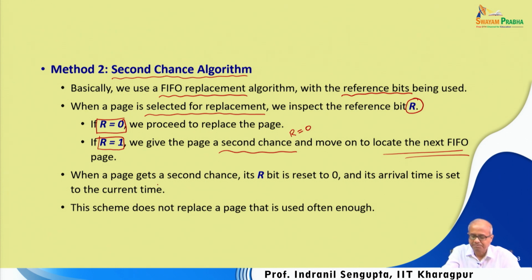As I said, when a page gets a second chance, the R bit is reset to 0, and if you want to keep track of the arrival time in FIFO, the current time will be the arrival time. That is how FIFO is managed.